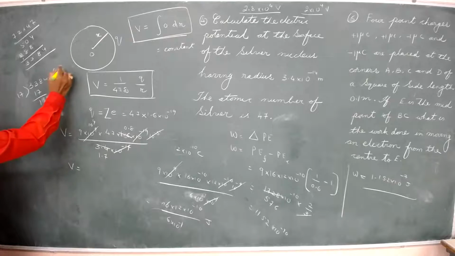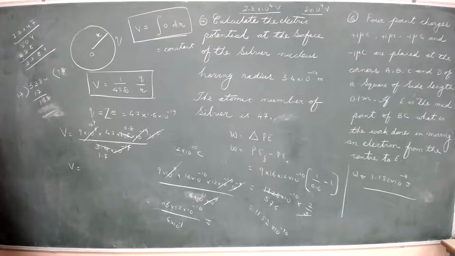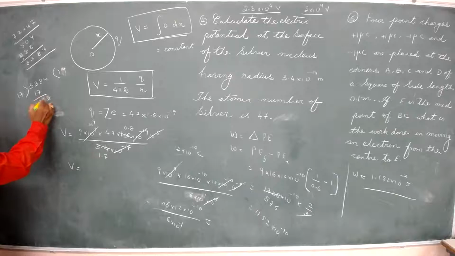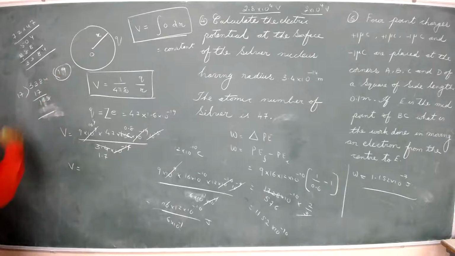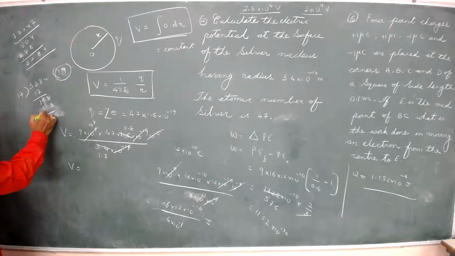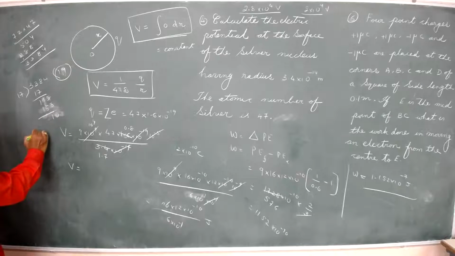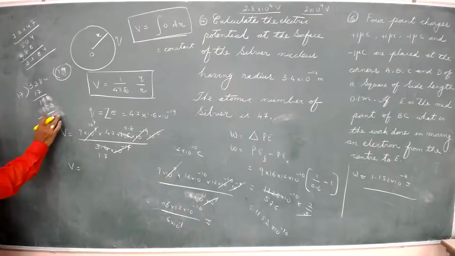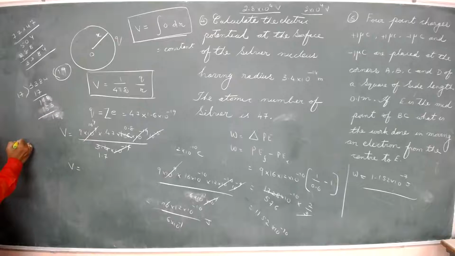153, so 8 times. Approximately 9 times, so we get 199.